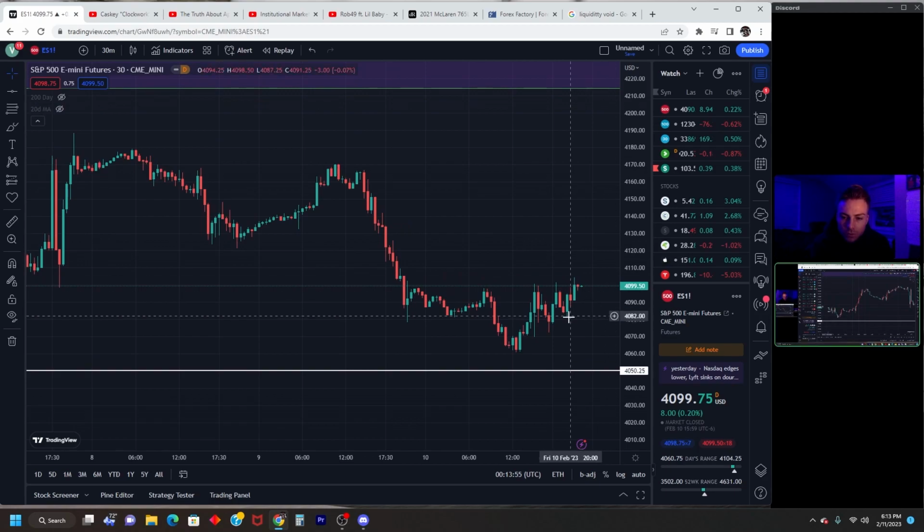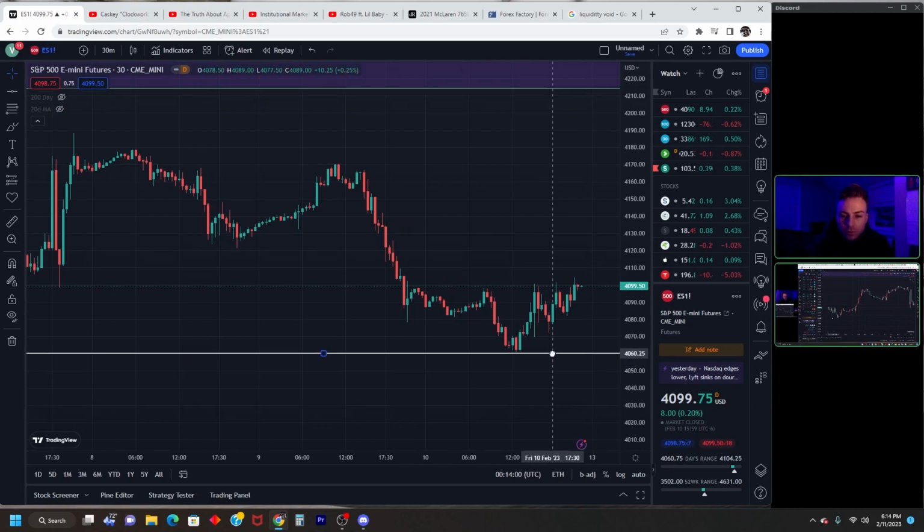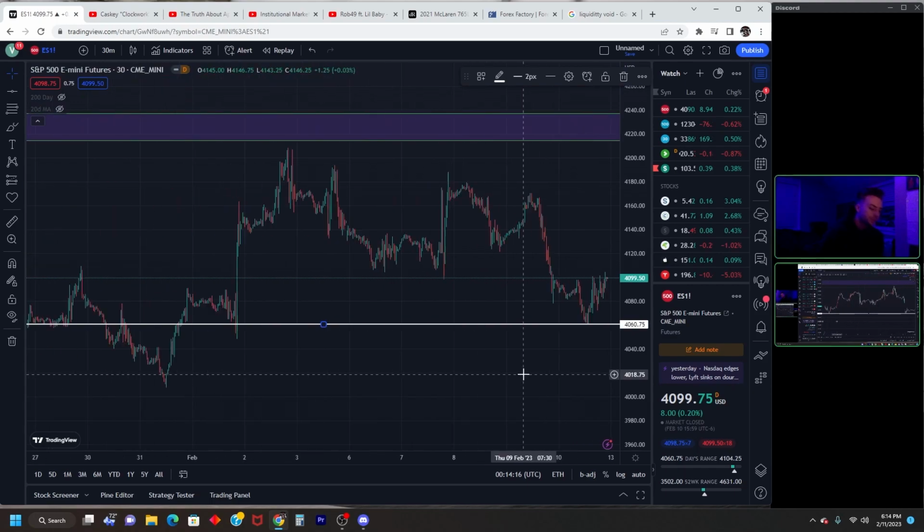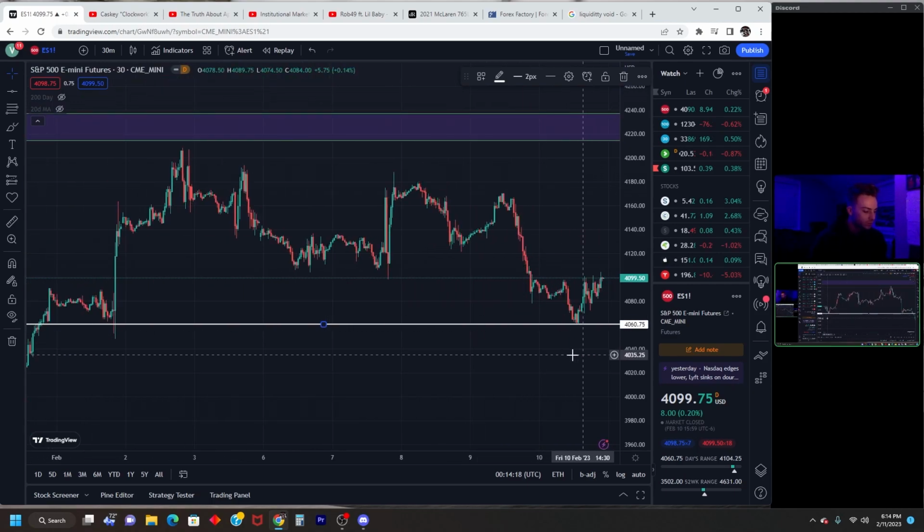So right now on the markets we have this low of 4060.75 noted. Actually, no, the low is 4060.75. Yep, that is the low, so we know we have excess liquidity under this area.